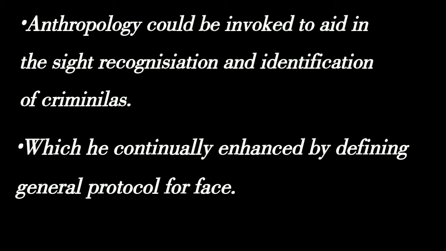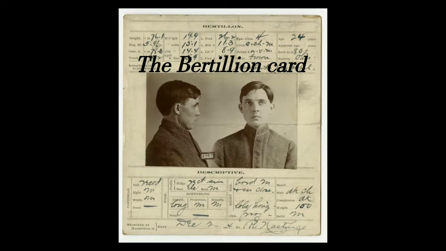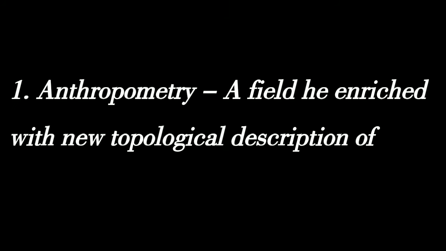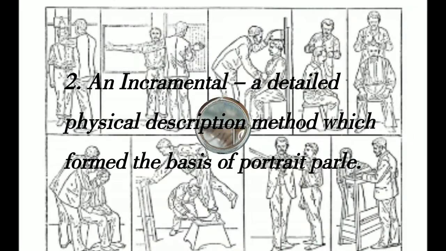He continually enhanced it by defining general protocol per phase. Bertillon also designed an incremental physical description card, also called the Bertillon card, comprising of the following areas. First, anthropometry, a field he enriched with new topological description of ears, nose and iris.